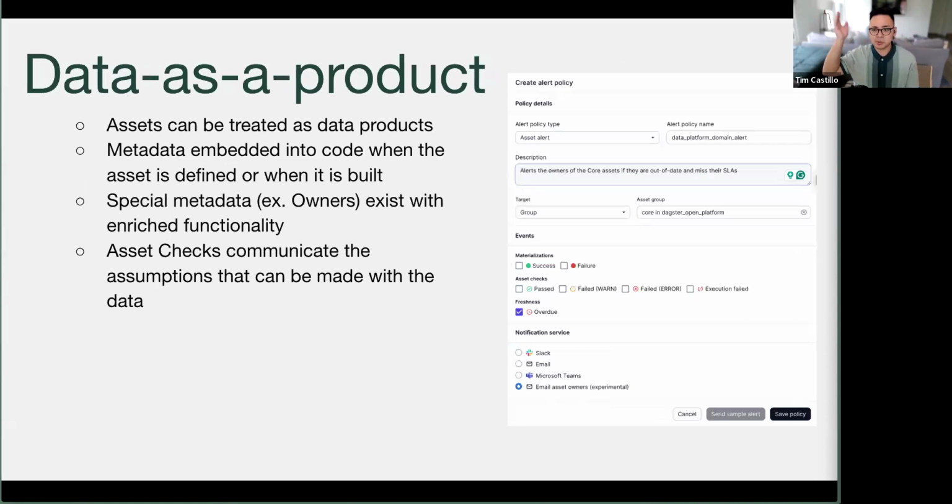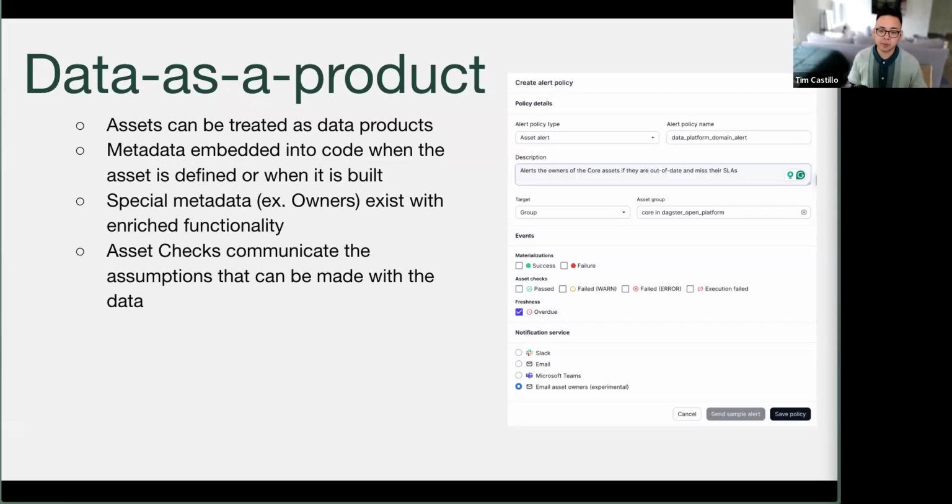Next up is data products. In addition to code locations, we also briefly talked about how assets can be seen as data products. But there's so much more that can be done to ensure that your data products are high quality. For example, metadata can be attached when an asset is defined or when it's materialized. When it's defined, you can embed as much information about it as you'd like, such as the stability of the data product or whether it contains PHI.